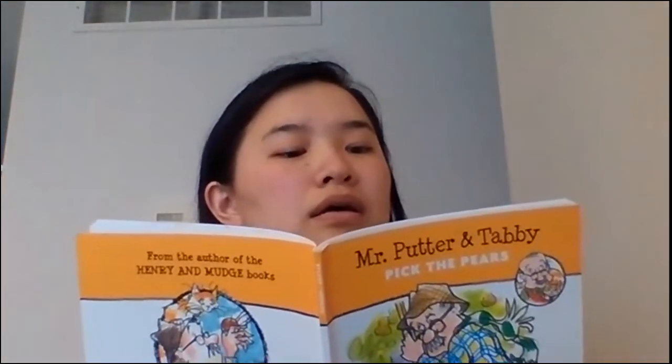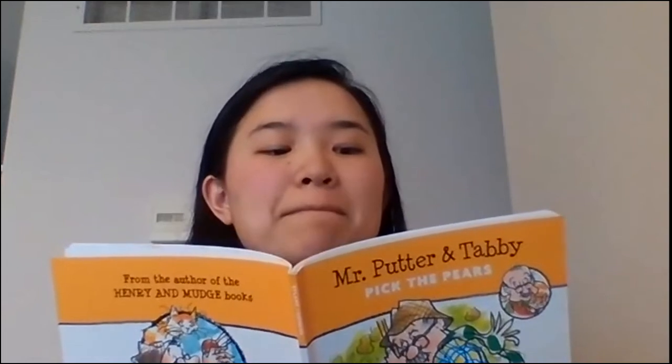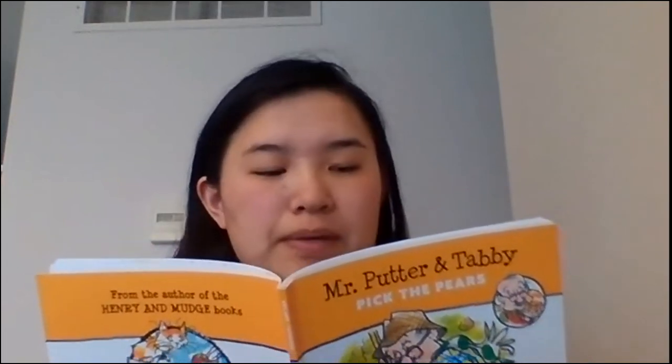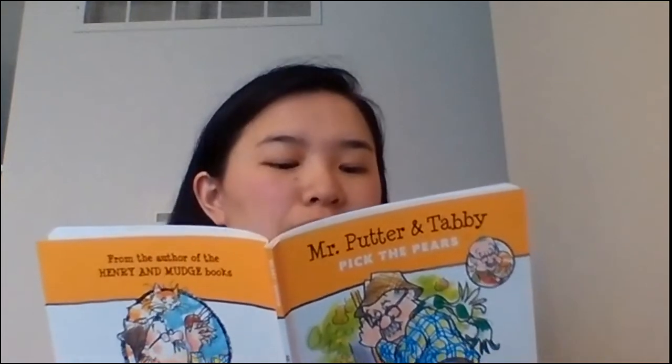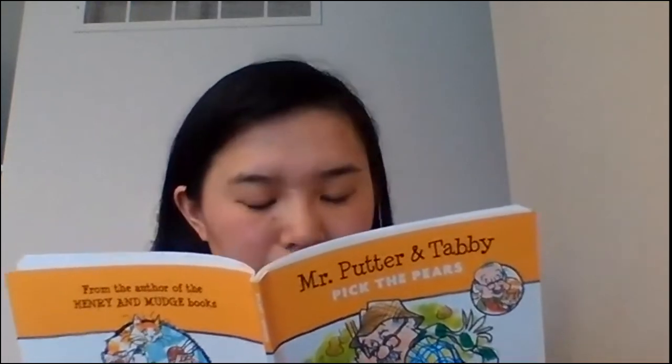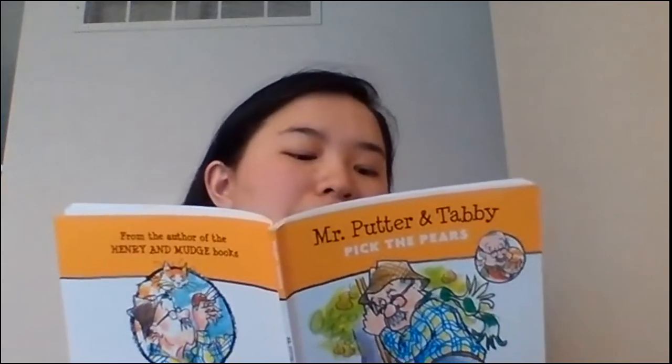Suddenly, Mr. Putter's neighbor, Mrs. Teaberry, and her good dog, Zeke, came by. Mrs. Teaberry was carrying a big basket, a very big basket. She said to Mr. Putter, "It is amazing. When I woke up this morning, there were dozens of apples in my front yard, and I don't even have an apple tree."